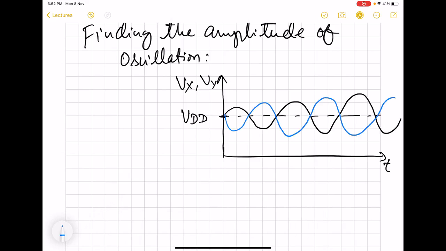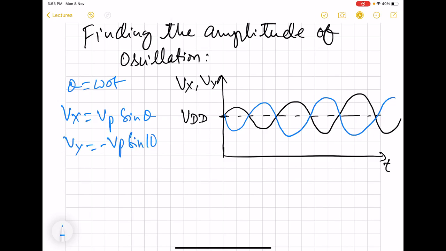So here Vx is going to be of say Vp sine theta, where theta is equal to omega naught t, and Vy is going to be minus, let's say this is the amplitude, 180-degree phase shifted.